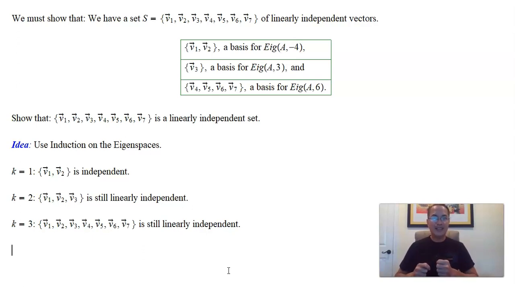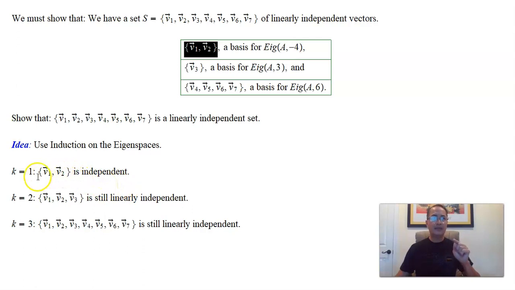It's also going to be like a greedy version of that induction. Instead of adding just one vector at a time, we're going to add all the basis vectors from the next eigenspace. So there will basically be 3 steps in this induction. Forget about j as well.